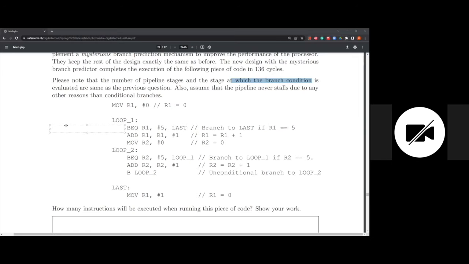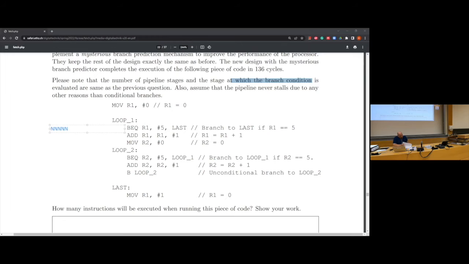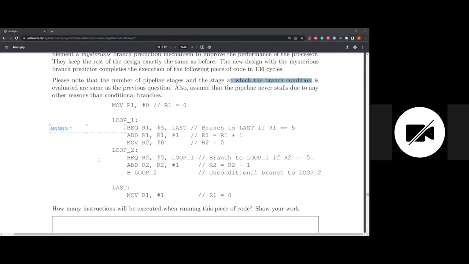The first 5 times, it will be not taken, and then the last time it will be taken, when we jump to the last instruction. And for the second branch equal instruction, it will have the same behavior, right? So it will be not taken 5 times, and the 6th time it's executed, it will be taken.